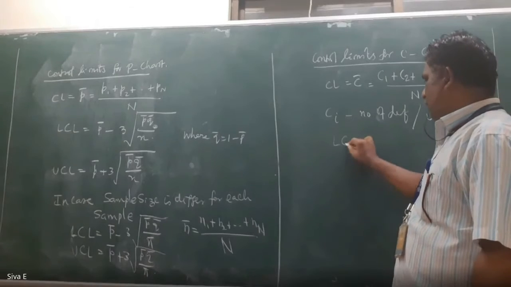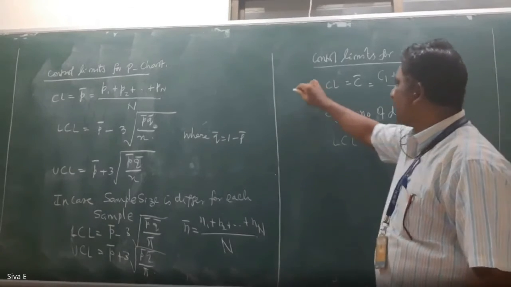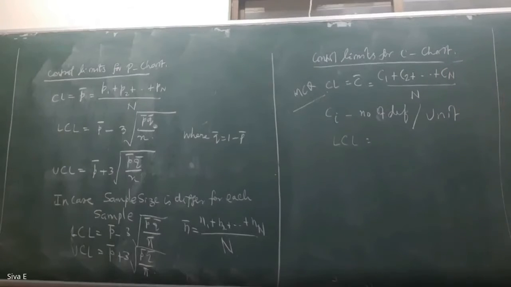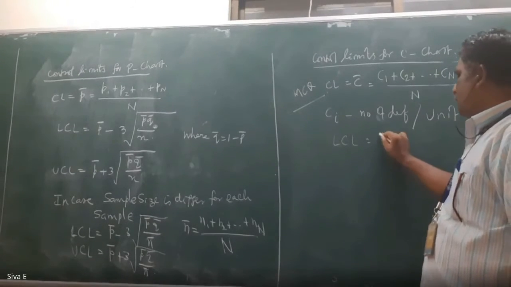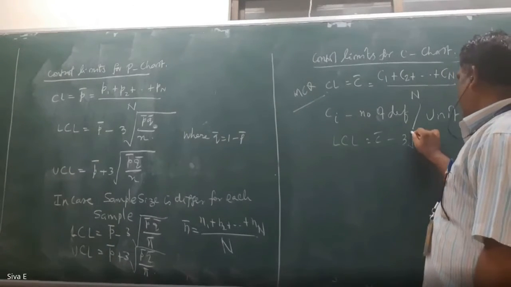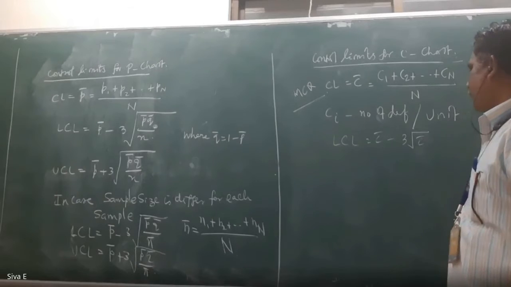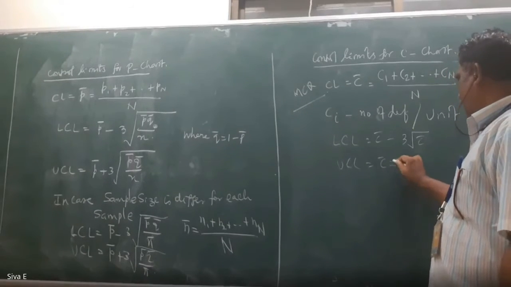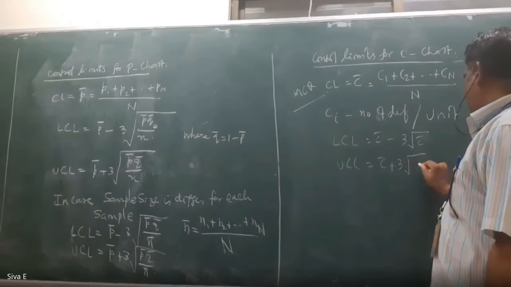LCL, it is important. An MCQ based on this formula will come. The LCL is C bar minus 3 root of C bar. UCL is C bar plus 3 root of C bar.